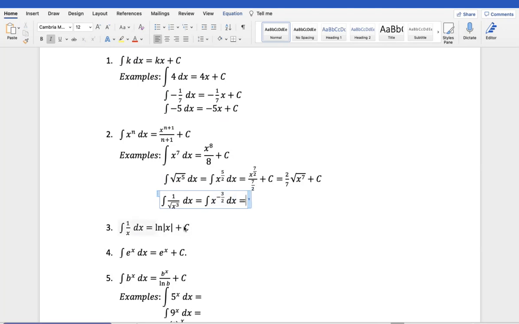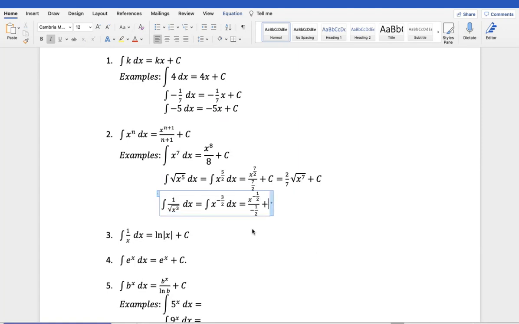And that integral, based on what the standard integral tells us, is x to the -3 over 2 plus 1, which is x to the -1 over 2, divided by -1 over 2 plus c, the constant of integration.